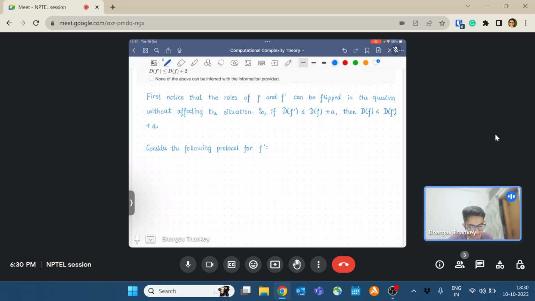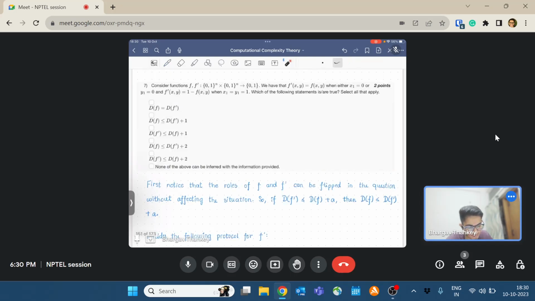So what is the difference between f and f prime? The relation between f and f prime depends on the first bits of x and y. So what Alice can do is send x1 to Bob, and then Bob knows whether they should compute f(x, y) or 1 minus f(x, y). Then Bob can immediately start executing the protocol for f.